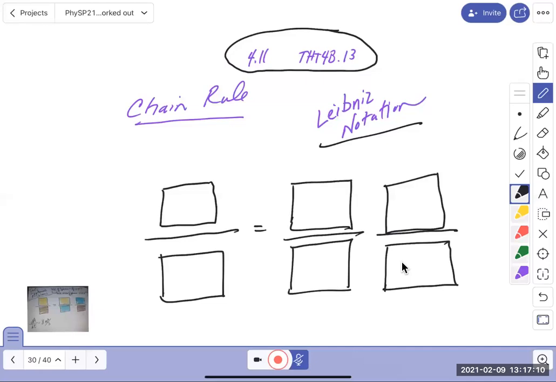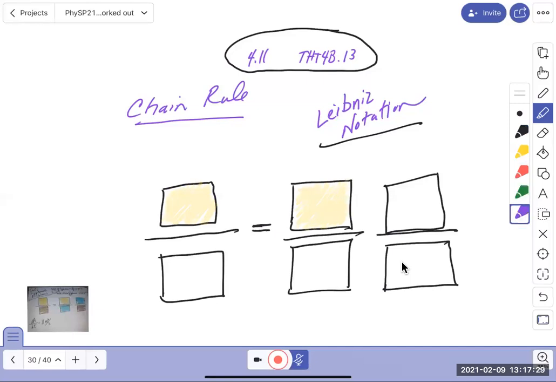Math is just a series of rules, and a lot of times you don't know why you're doing it. Now I'm going to color in this box. We're going to go yellow, yellow, and green.